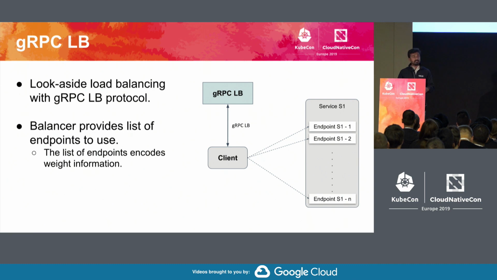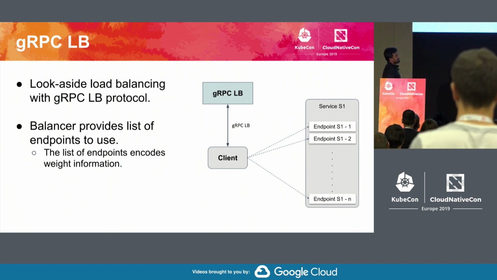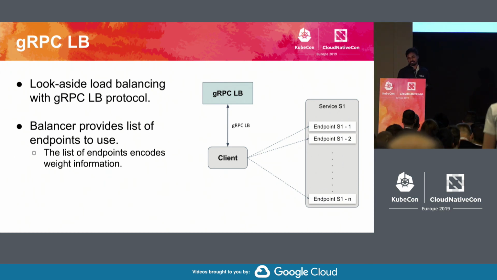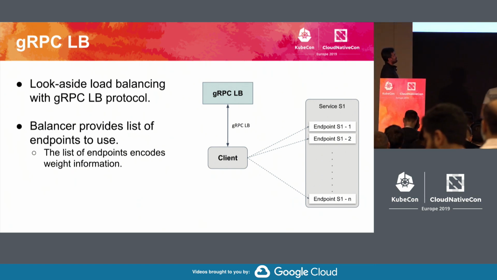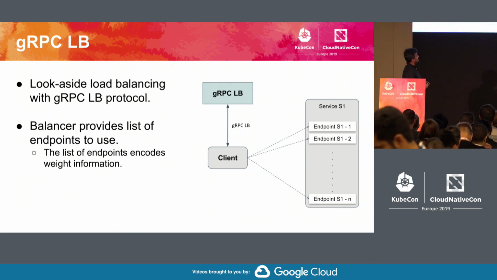This is called lookaside load balancing because this is purely a control path load balancing, where your actual connection from client to endpoint is directly between them, and there is no hop. And we'll see another example after this, which is the proxy load balancing, which has a hop in between, which is slightly different. But in gRPC, the gRPC LB essentially picks the endpoint that is sent to the client.